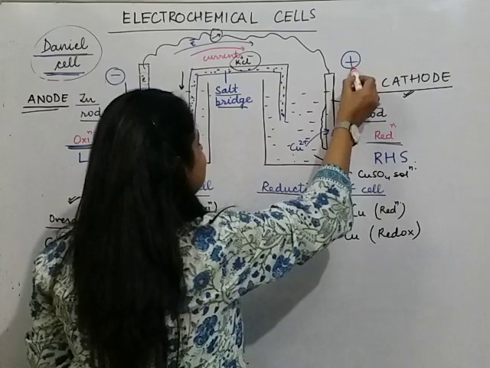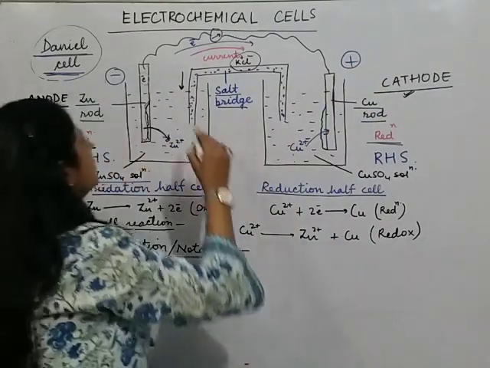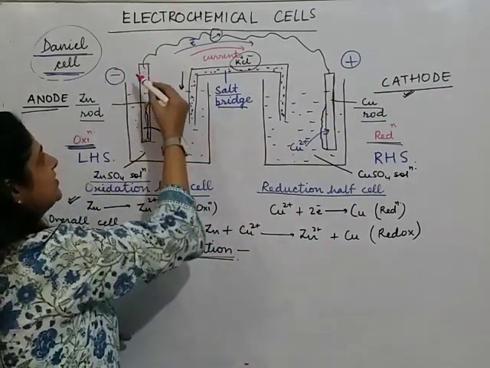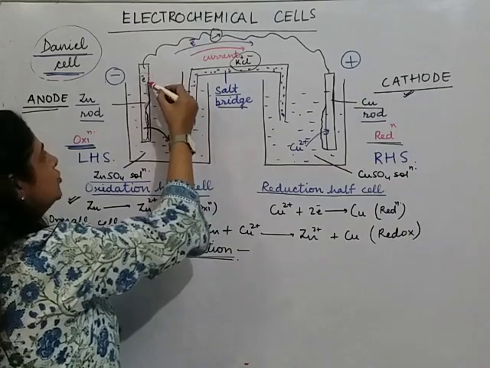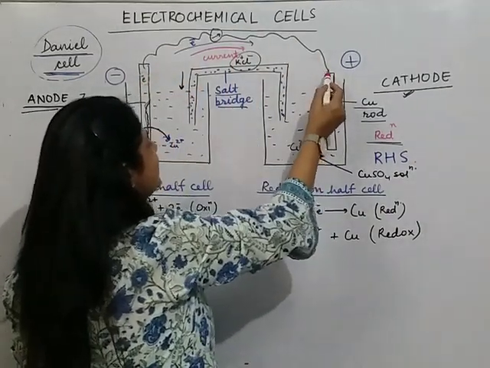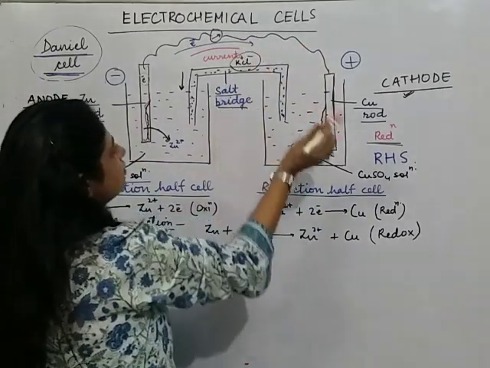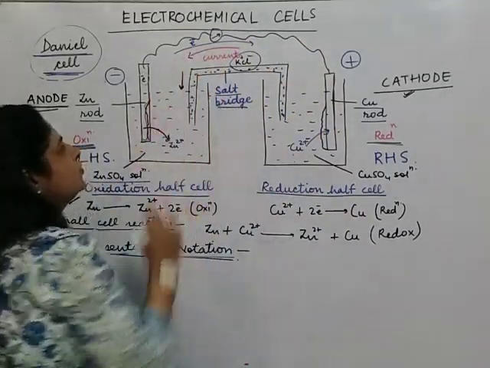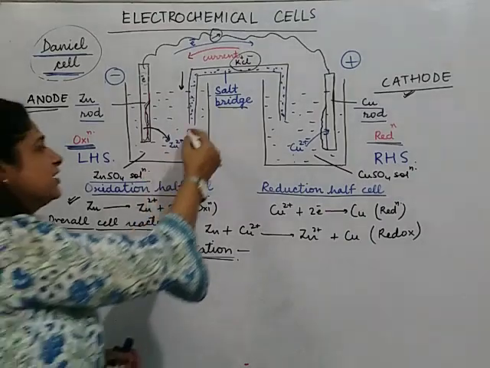The cathode in this case is positively charged. Hence the electrons move from the anode to the cathode, and the current flows from the cathode to the anode. We have taken a salt bridge.